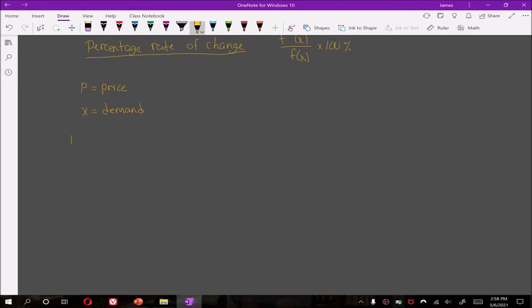And we say that price and demand are related by a price-demand function or equation of the form x equals f of p. So we're relating demand as a function of price.